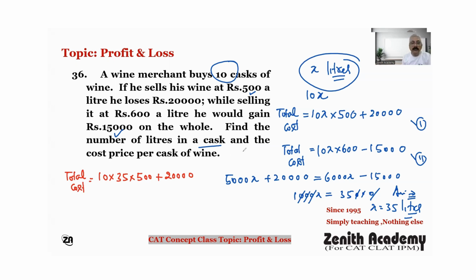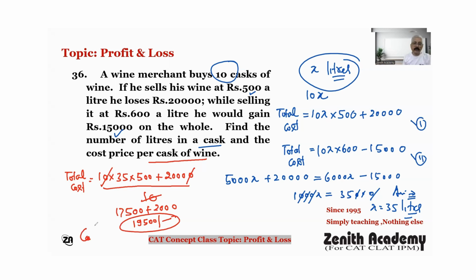And here it is per cask of wine, so the total cost is for 10 casks. So divide by 10, and the cost per cask will come, 1 and 1 cancel. So now multiply 35 into 500. 5 5s are 25, and 5 3s are 15, plus 2. This is plus 2,000. Means 19,500 rupees is the cost of one cask. This is your answer.